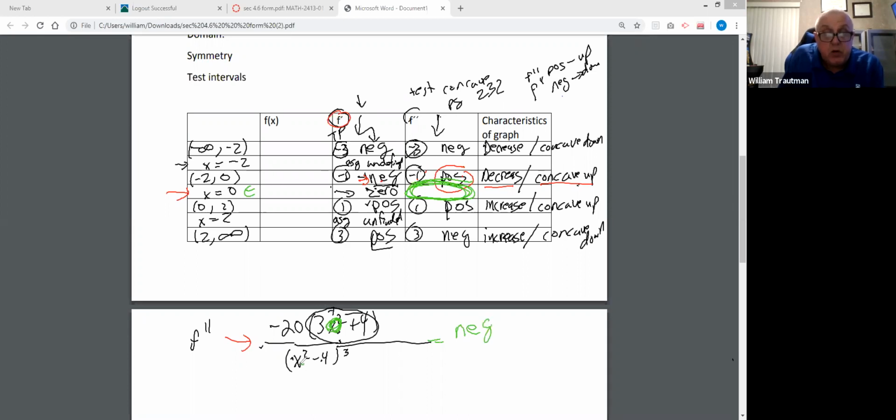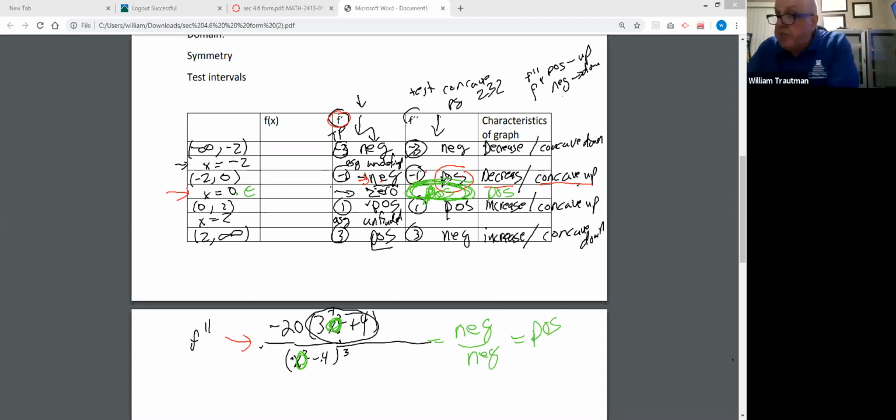Put 0 down here, I get negative 4 to the third power. It's negative. Negative divided by negative is a positive. So if I put that point 0 in there, it's positive.